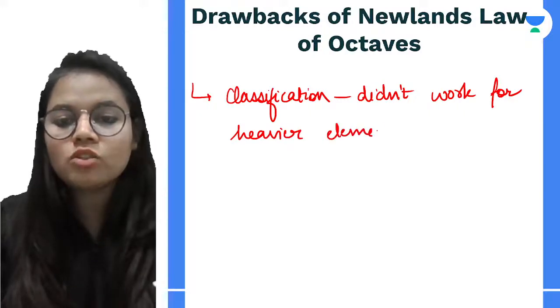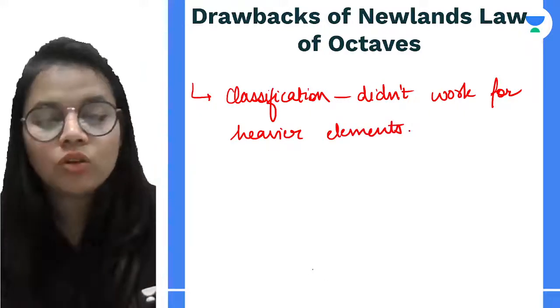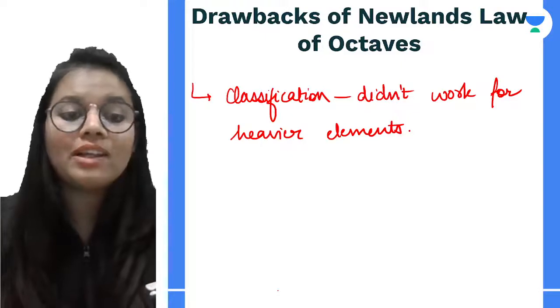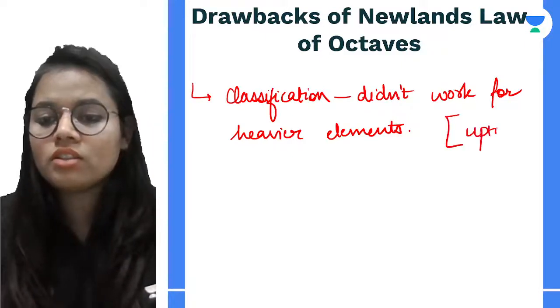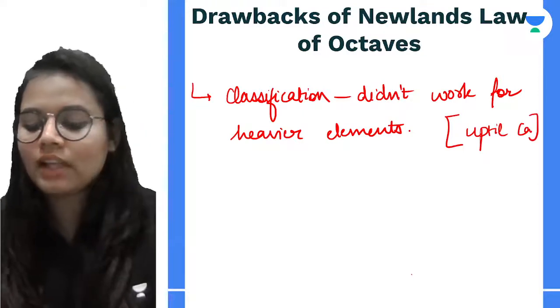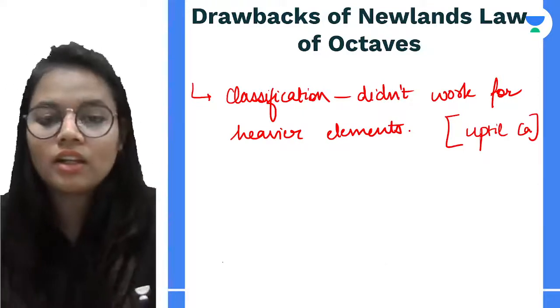That means Newland could arrange the elements only up till calcium. This law was working well up till calcium, but not after that.